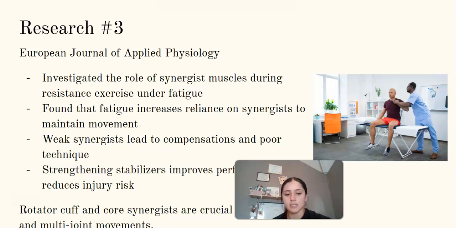This research emphasizes the importance of training stabilizing muscles such as the rotator cuff, the core, the hip, and all the important joints.